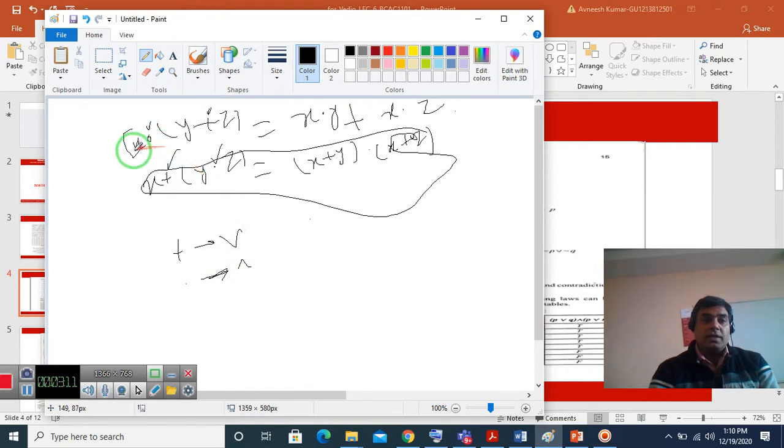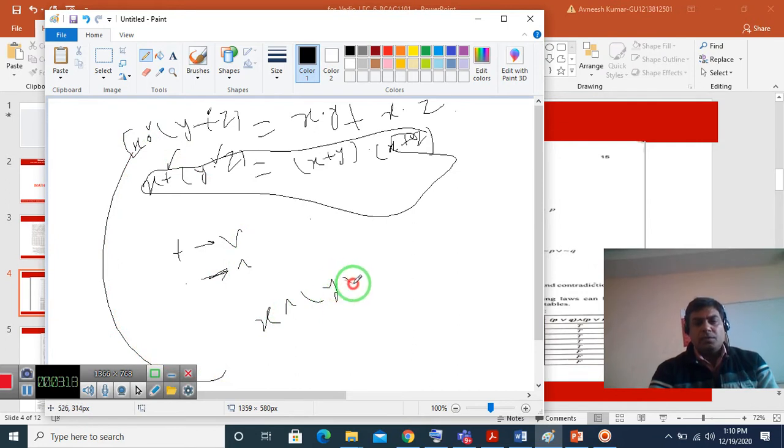Then in that case you will find that x conjunction (y disjunction z) is equal to (x conjunction y) disjunction (x conjunction z).